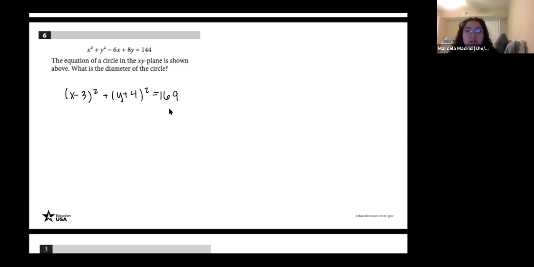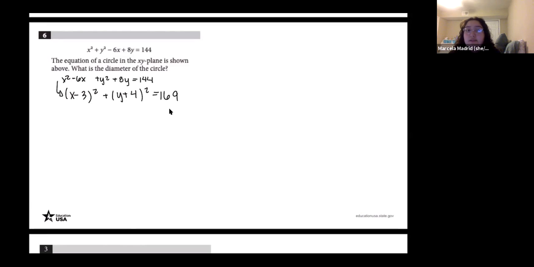equals 169. So if you do the process of completing the square, you should get this, which is putting the terms together with the same variables, and then adding on to each side, which you would get down to here.